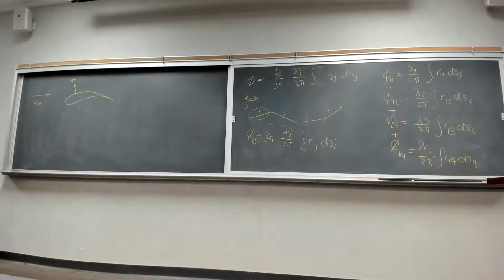Just regular flow, forget about the panel theory. What would be the velocity field in the normal direction, the velocity on the wall? It is going to be 0.